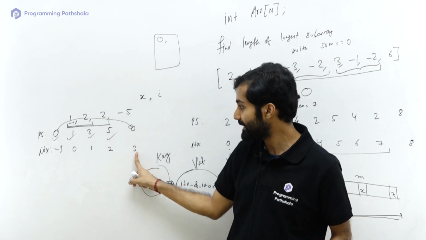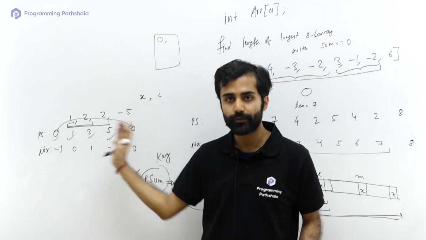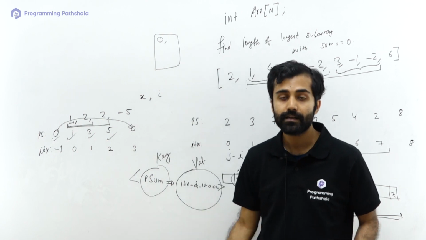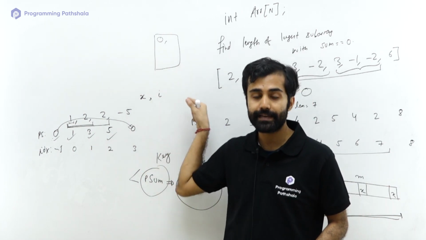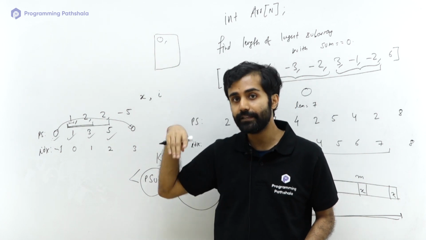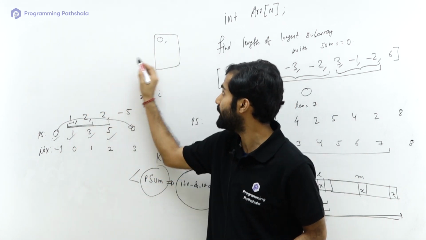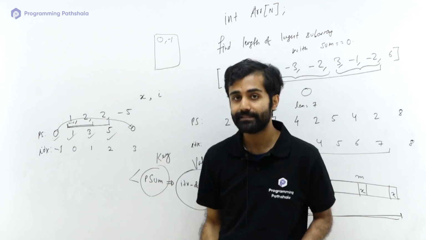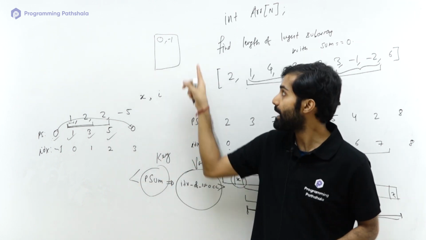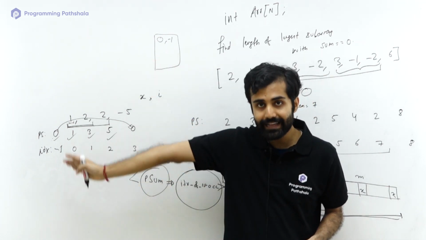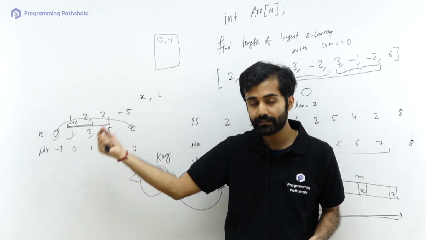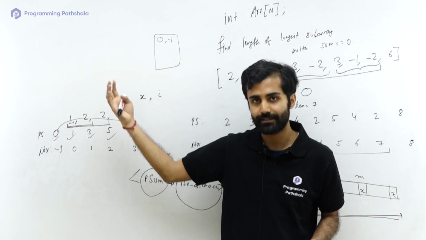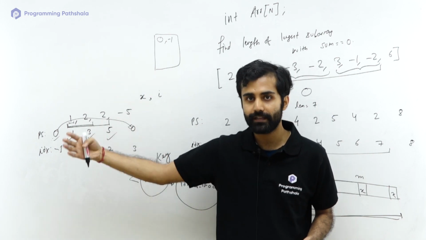And you can see that 3 minus -1 is going to give you 4, that is your answer, right? So the first thing that I need to do over here is initialize my hash table, and make an entry for 0, -1 inside it, saying that -1 is the index of my empty prefix, and for that the prefix sum is 0. And that's how I'll keep going on and on.